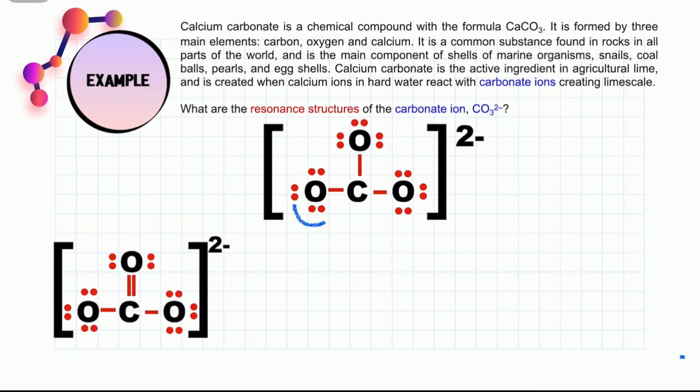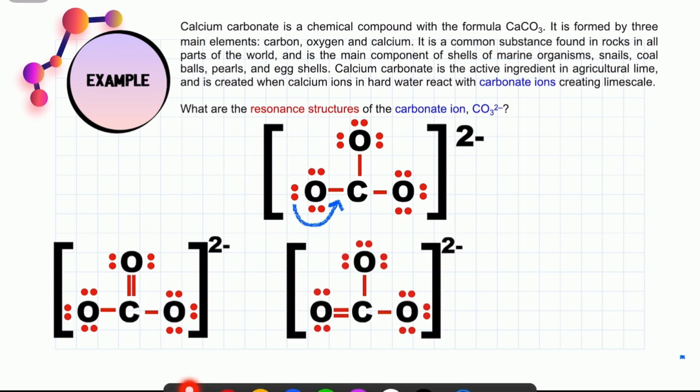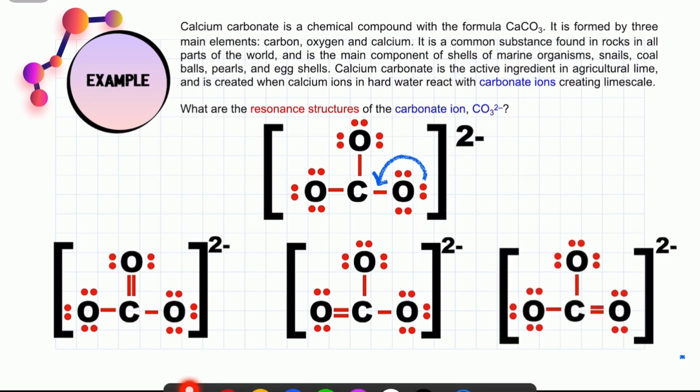And if this oxygen uses its lone pair to form a bond with the carbon, it will form this Lewis structure. Because there are 3 oxygens, the last terminal oxygen atom uses its lone pair to form a bond with the center atom. So this is the Lewis structure for the carbonate ion. There are 3 Lewis structures for the carbonate ion.